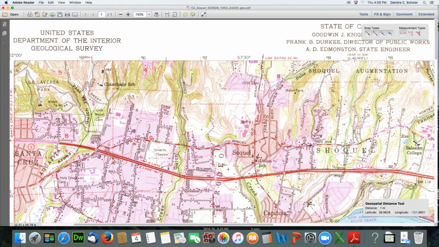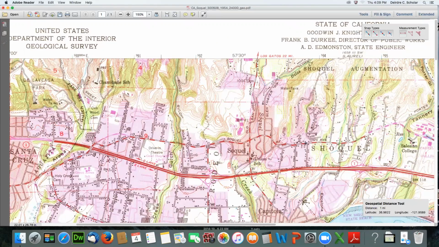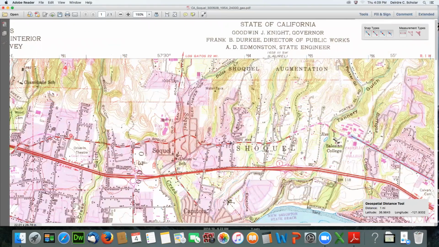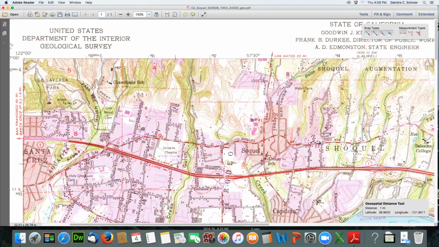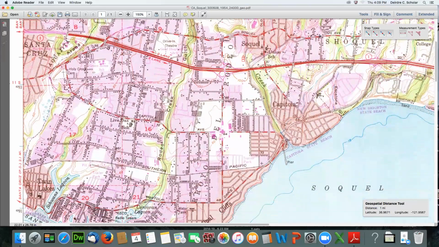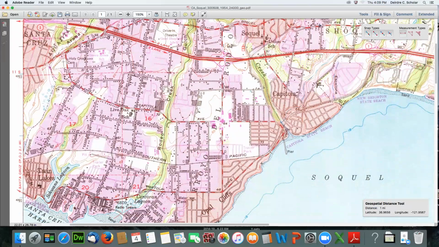So because those countries had surveyed some of these lands using their meets and bounds cadastral system, which is the cadastral system that was used prior to the rectangular survey, we do not have any evidence of the rectangular survey here.